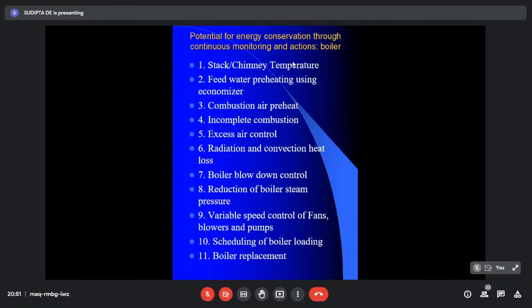If the air can be preheated using waste heat from the exhaust gas of the boiler, then energy performance of the boiler improves.